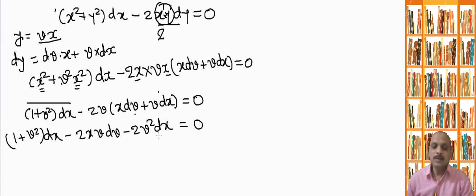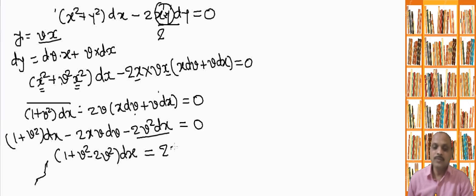Here dx and here dx. So combining these two terms, we can write this as (1 plus v square minus 2v square) dx equal to 2x into v into dv.